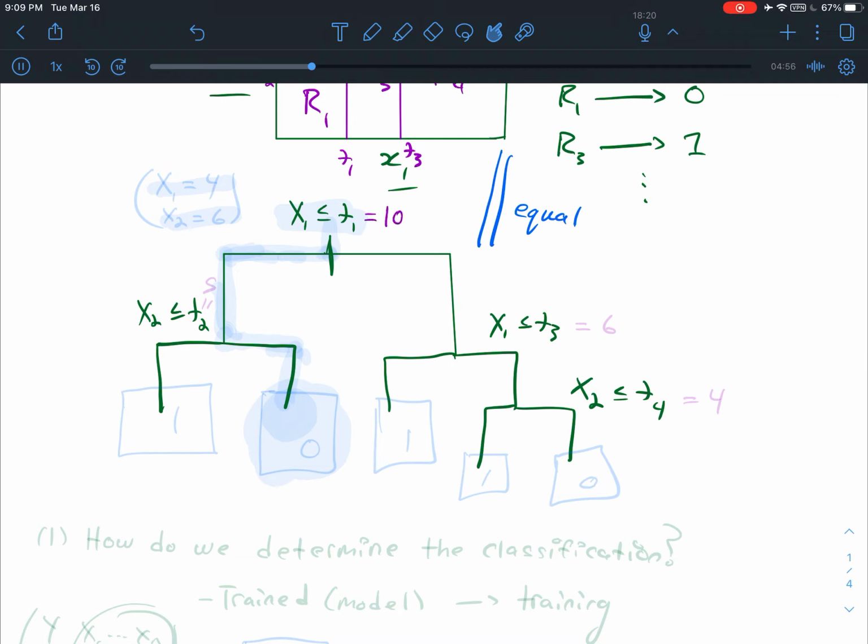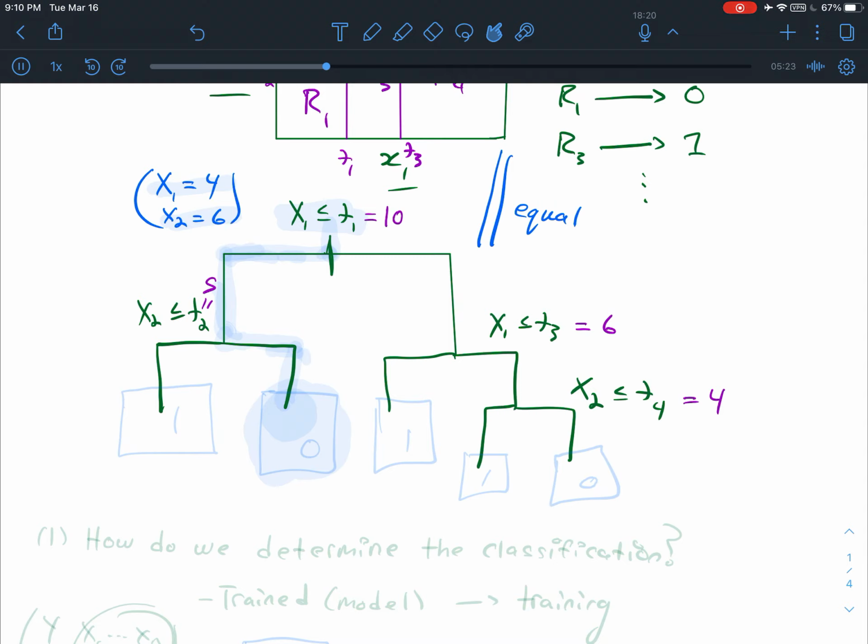Let's say T1 is 10, T2 is 5, this one is 6, and this one is 4. Now, let's say that our data has two values, x1 and x2. Let's say our data is a new observation. It could be you coming through this tree. We're going to have x1 is equal to 4, x2 is equal to 6.